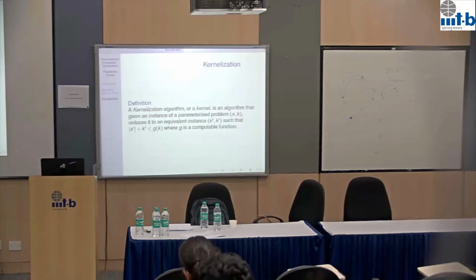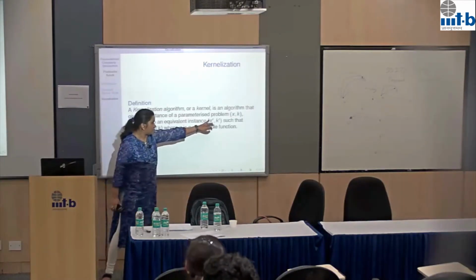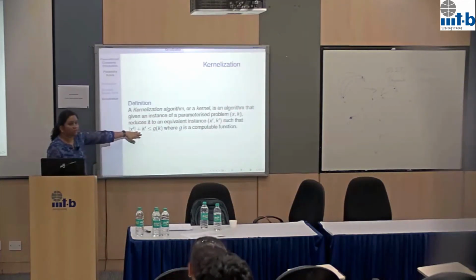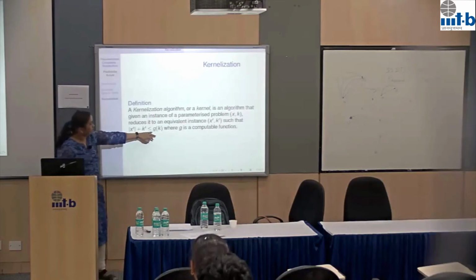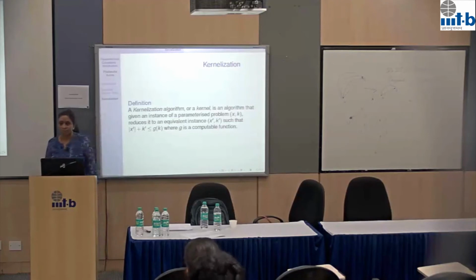A kernelization algorithm, or a kernel, is an algorithm that given an instance of a parameterized problem reduces it into an equivalent instance x prime, k prime such that the size of the reduced instance is bounded by g of k, where g is a computable function.